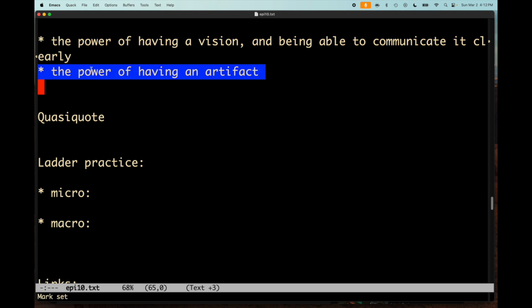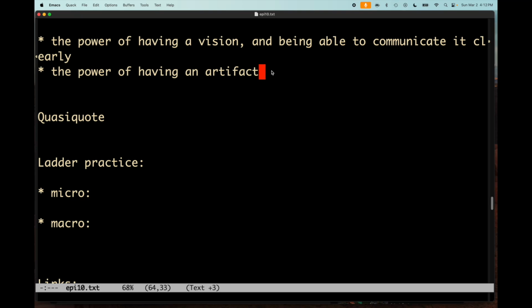And then there's also tremendous power, I think, in having an artifact. That's another thing I've learned. There are a lot of academics or researchers who write papers on something. Maybe it's an idea, an algorithm, an approach or technique. That's all fine, and maybe those are really useful.